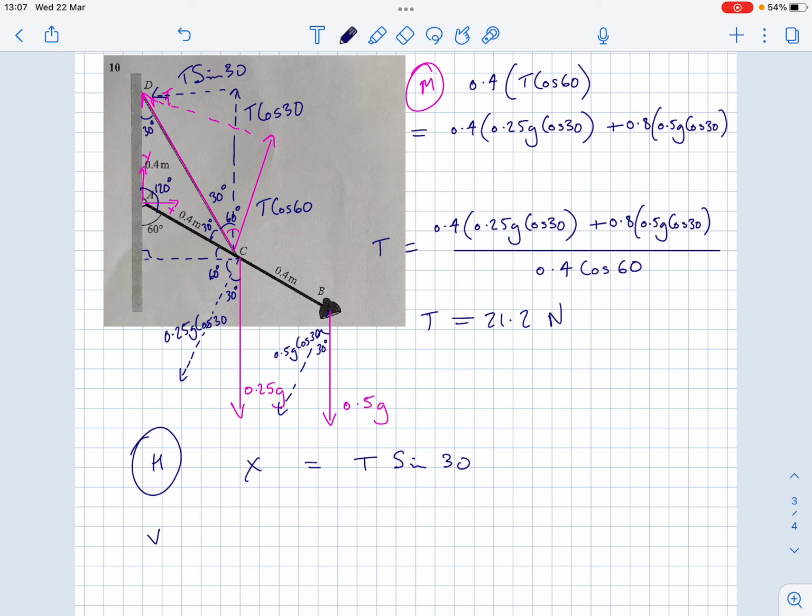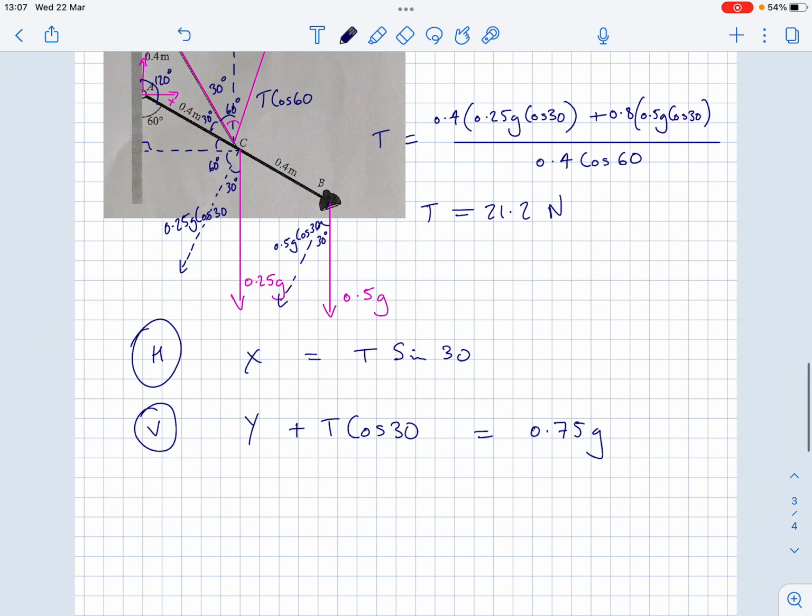And then the vertical one, we've got a little bit more work to do. I'm going to call up positive. So I've got Y plus T cosine 30 is equal to both of the weights, which is 0.75g. X is going to be half of 21.2. We don't even need to substitute it in, because we haven't got X in the other one.